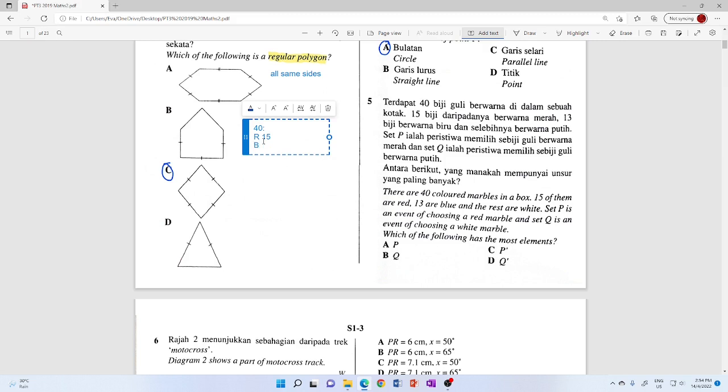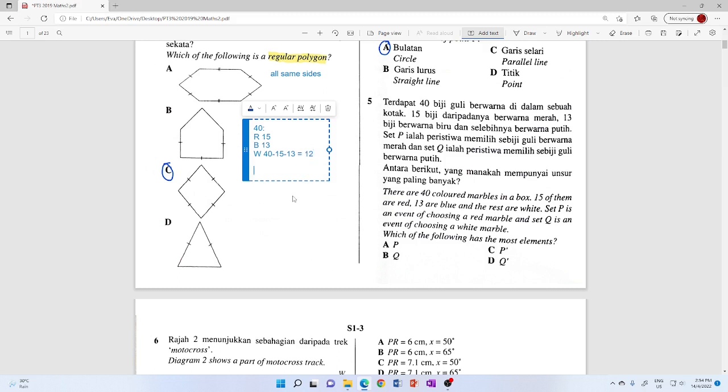So blue is 13. The rest are white. So white is the rest. The rest meaning that in total minus red and minus blue, which is equal to 12.